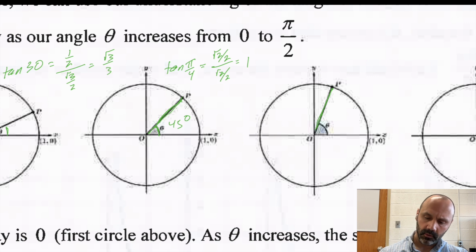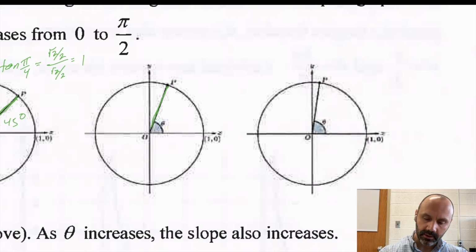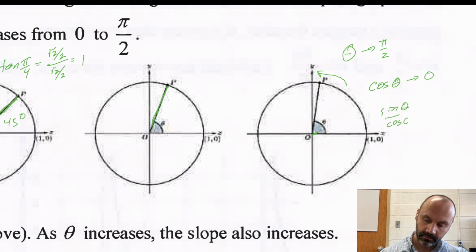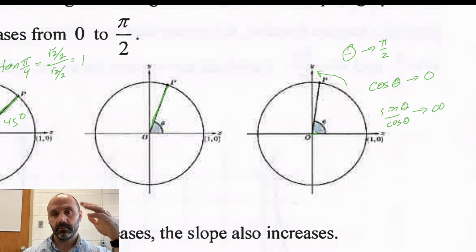And then what's going to happen as we get really close, right? As theta approaches pi over 2. Well, what's going to happen is that the x coordinate, cosine of theta, is going to approach 0, which means that if you have sine over cosine, this is going to approach infinity because the denominator in this function is getting really small.